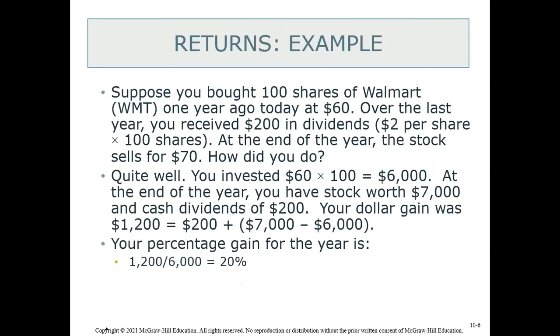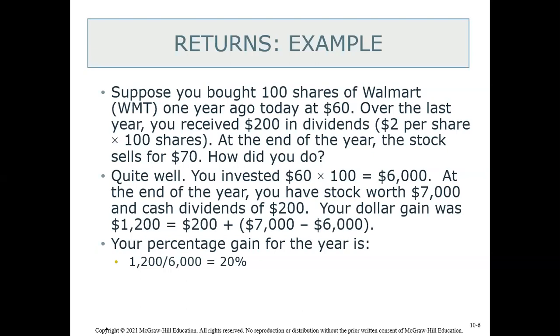Let's take a look. Suppose you bought 100 shares of Walmart, WMT is their symbol, 1 year ago, today at $60. Over the last year, you received $200 in dividends, so that would be $2 a share. At the end of the year, the stock sells for $70. How did you do? So what is your percentage return? And of course, it would be quite well. You invested $6,000, $60 a share times 100 shares.